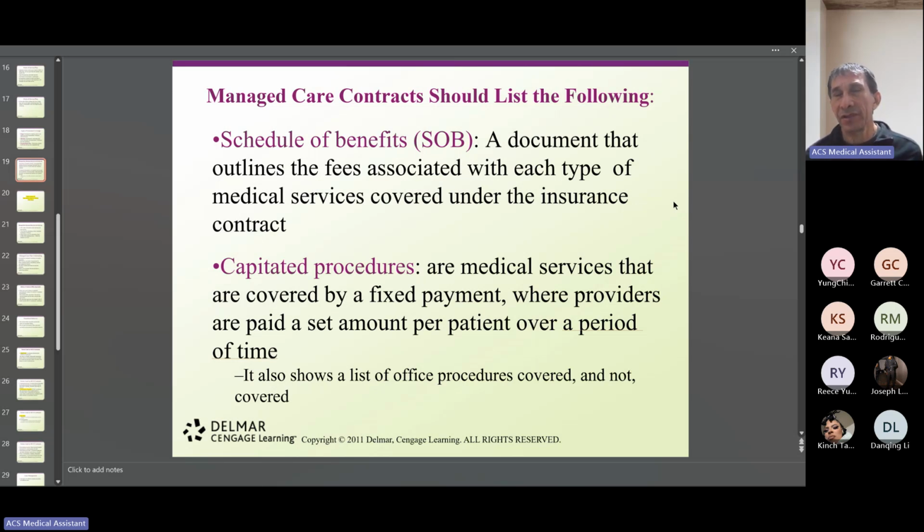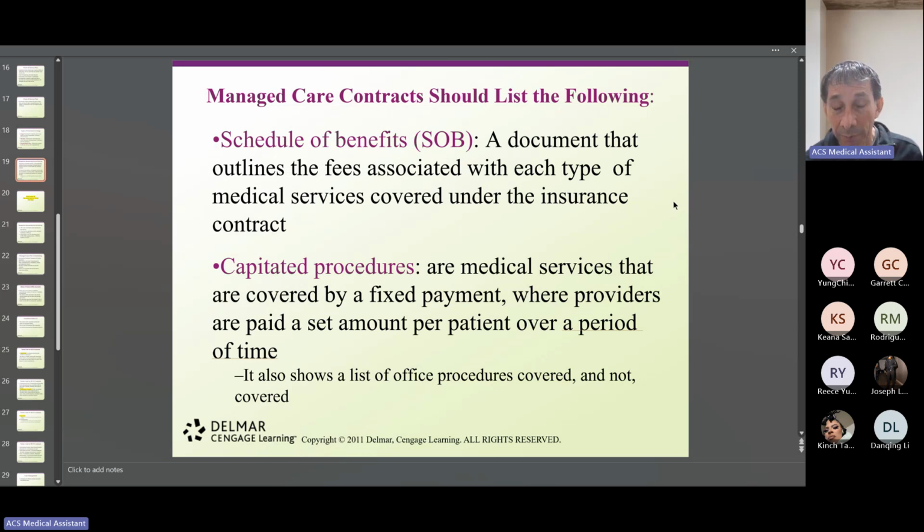Remember, sometimes you have services that are limited. You have a certain number of visits that you can use during a period of time. They give you a window period, like 6 months. In 6 months, you can go see the doctor, your general practitioner, your PCP, 10 times.